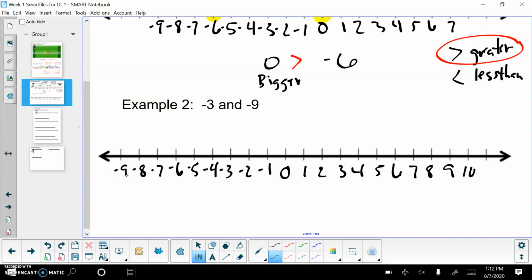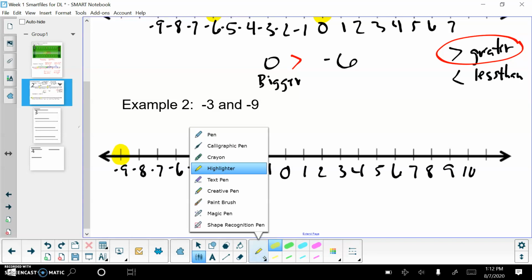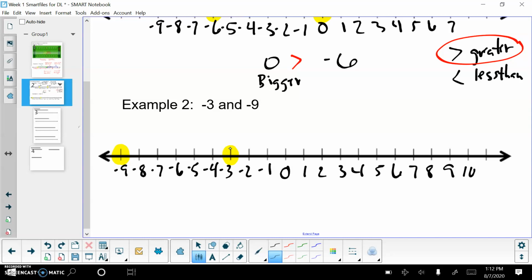Oh, I barely got it. Should have actually located my 0 a little farther over, but I managed it. Okay, so there's my number line. Now, once again, I'm going to highlight the two numbers. -3 is here. -9 is over there. Okay, and I'm going to write them down below in the order that they were originally given in the example. So I've got -3 and -9.